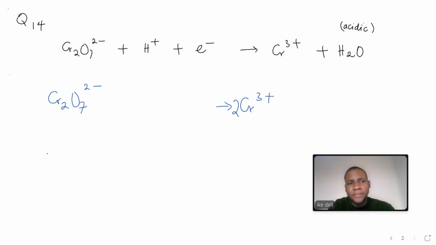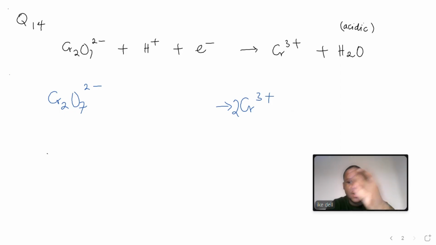Second step is to balance the oxygen with water. Okay, we're balancing oxygen with water. So look at what I'm writing down here in the blue. You can see here that I have Cr2O7, so that means 7 oxygen here. On the right hand side, I don't have any oxygen at all, so that's 0. The difference is going to be 7.